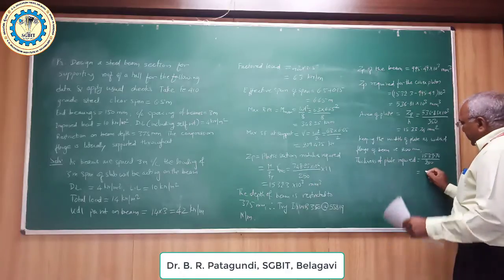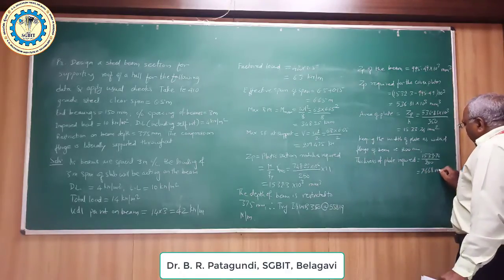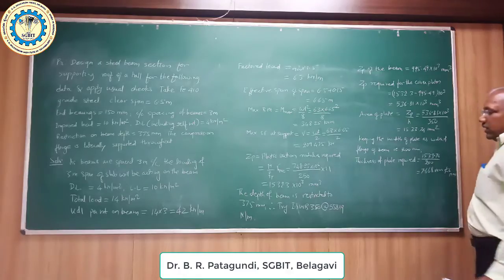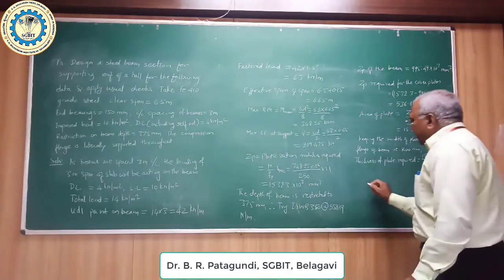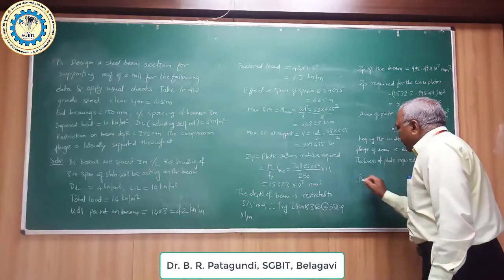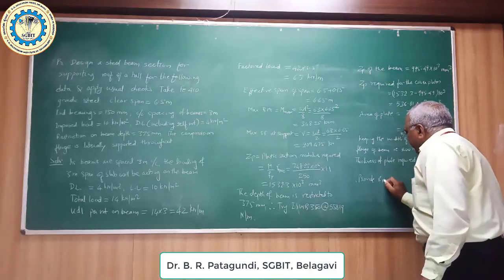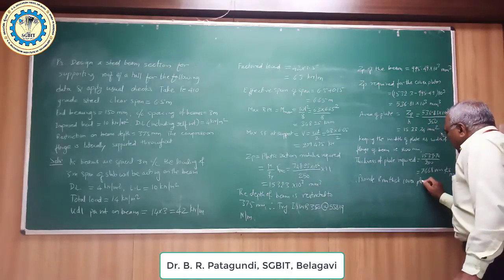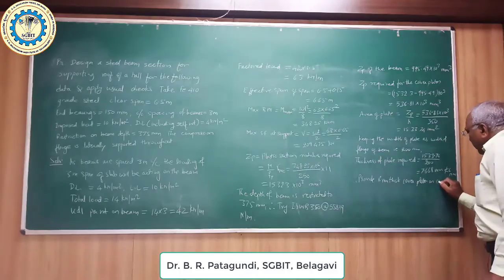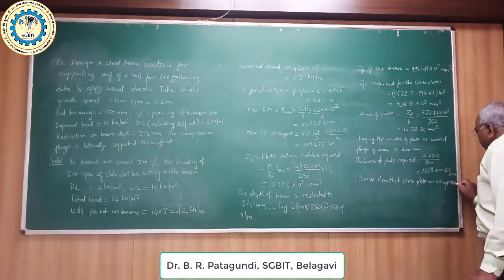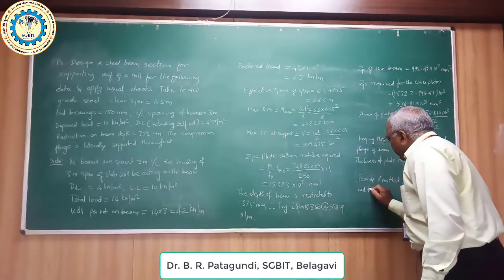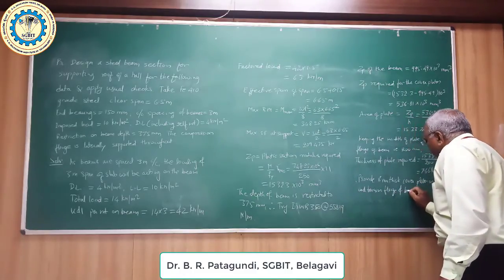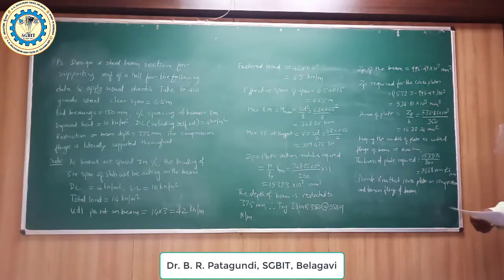So it is equal to 7.668 millimeters. The thickness of the cover plate should not be less than 6 mm, and therefore provide 8 mm thick cover plates on compression and tension flange of the beam.